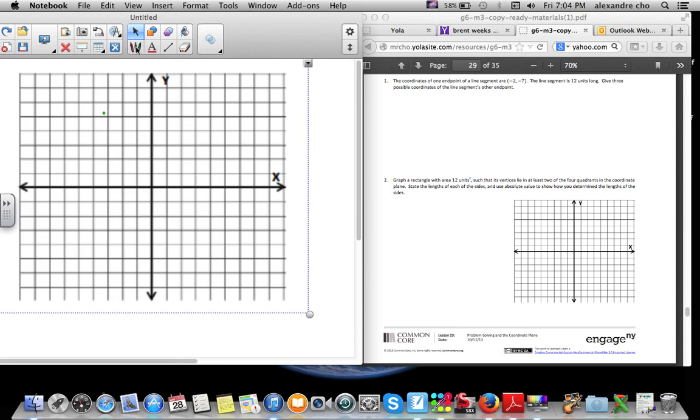Well, it's not that bad. So let's see if we can create something. 12 units square means that it's made up of 12 little boxes. So let's just make anything that has 12. Let's take the easiest one. 1, 2, 3, 4, 5, 6, 7, 8, 9, 10, 11, 12.